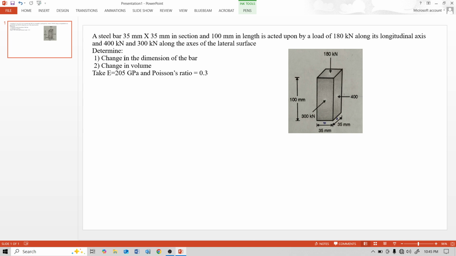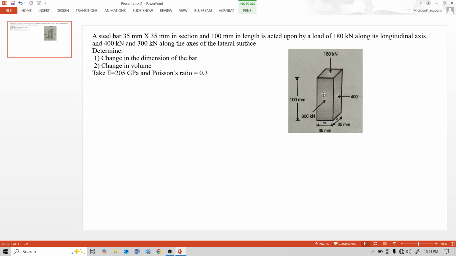Determine the change in the dimension of the bar and the change in volume. Take modulus of elasticity E equal to 205 gigapascal and Poisson's ratio is 0.3.